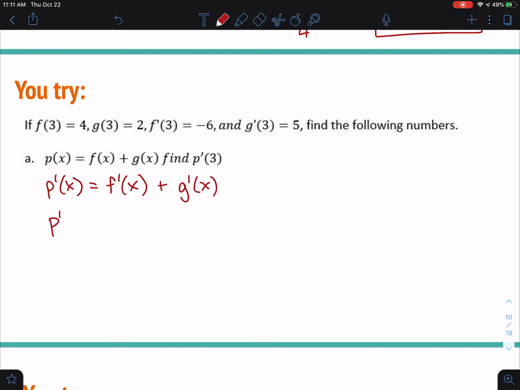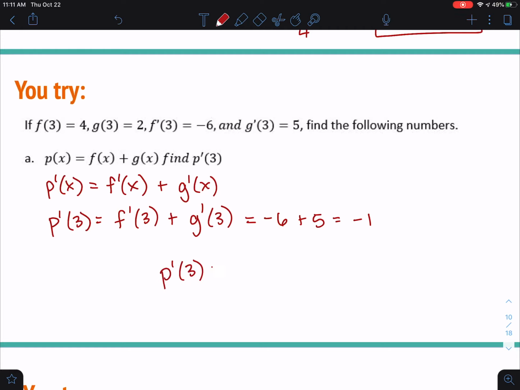So if I want to find p prime of 3, that's just going to be f prime of 3 plus g prime of 3, which is -6 plus 5, which is -1. So p prime of 3 is equal to -1, which, remember, is basically telling you the slope.